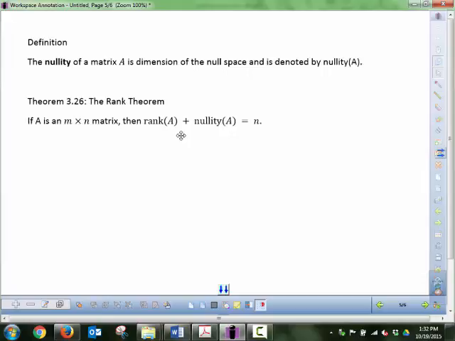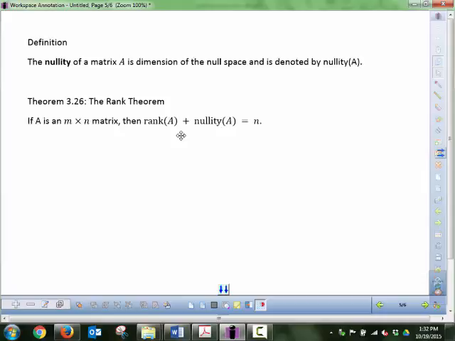Just like rank is the dimension of the row space, nullity is the dimension of the null space.